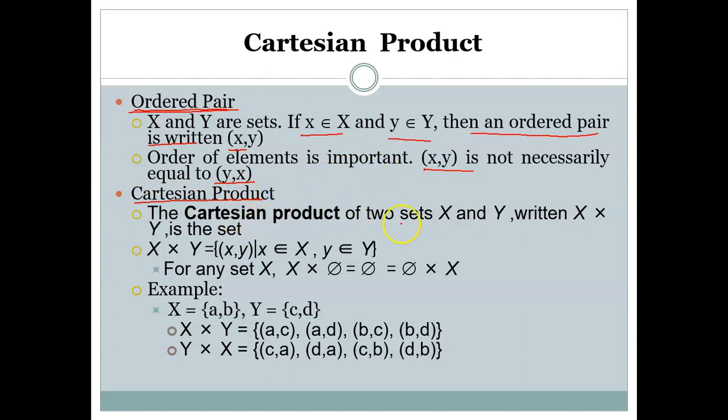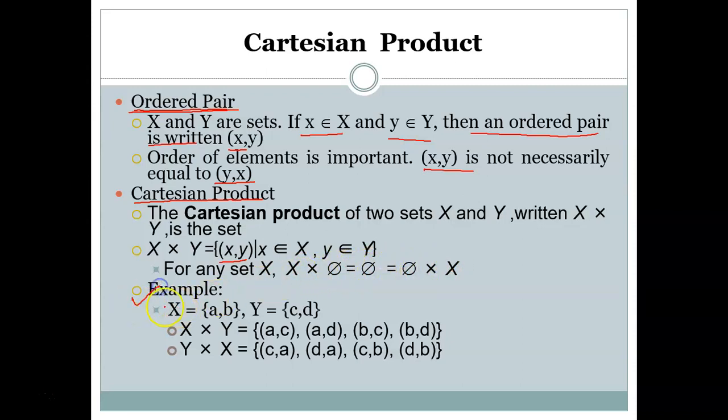The Cartesian product of two sets X and Y, written X cross Y, is the set that consists of all possible ordered pairs of this form, where the first element is from X and the second element is from the set Y. For example, for any set X, if I write X cross Phi, Phi has no element. So in this situation, X cross Phi will be Phi, and Phi cross X will also be Phi.